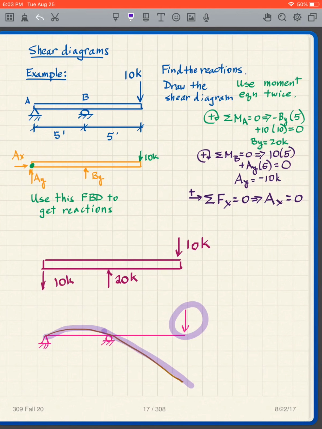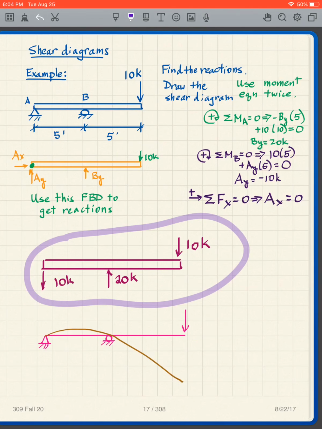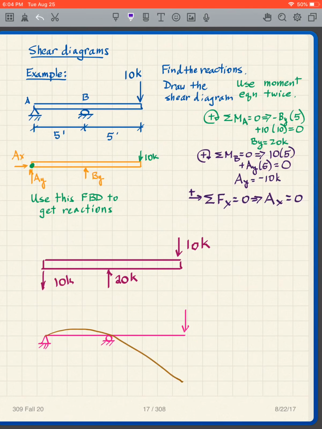So what I want to emphasize is that when we draw our free body diagram, what we are showing is what the supports do to the diving board. In other words, this is the diving board and the support at B pushes up with 20 kips.